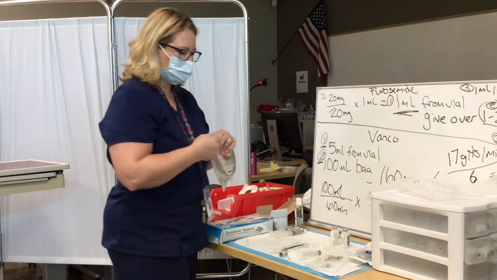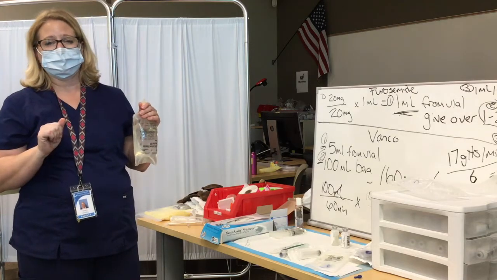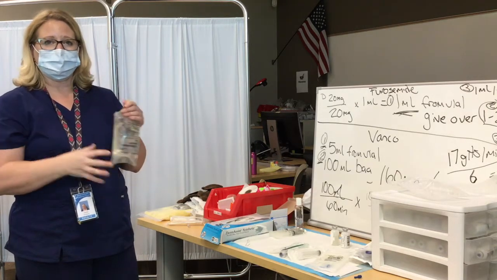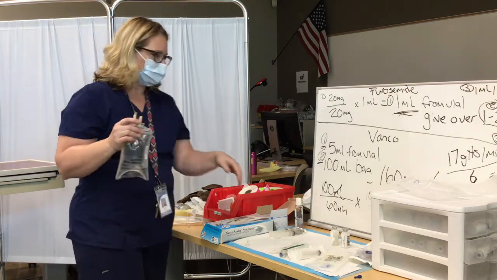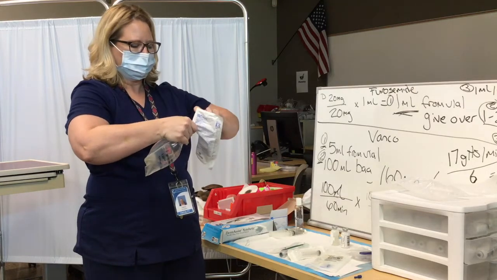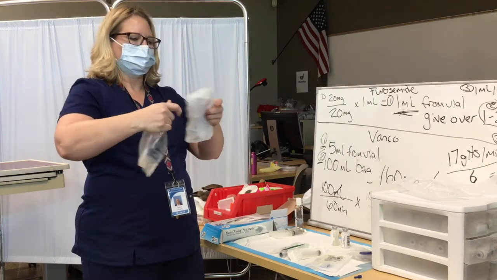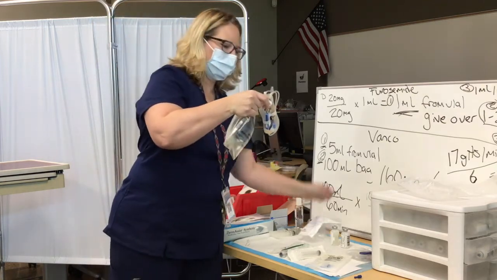So the first step I'm going to do, because it's a saline lock, I've already gone in and looked at my patient and seen that he has no IV fluids running at all. He is saline locked. So I am going to use my primary IV line, which I know there is an easy side to open these, if it's already open.